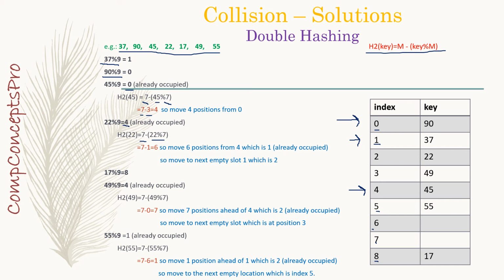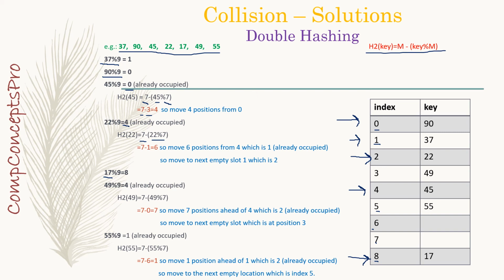So we will move to the next position and store our key there, which is index position 2, and we will store our key 22 at index position 2. Next key is 17. 17 mod 9 gives 8. So without any conflict we will store the key 17 at index position 8.